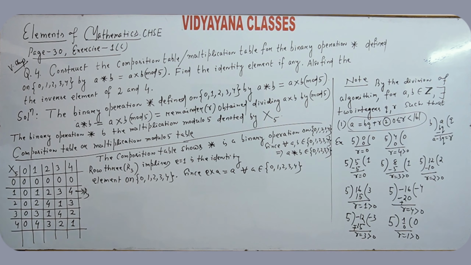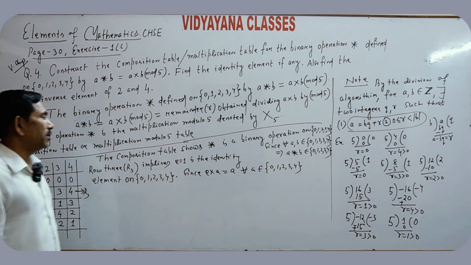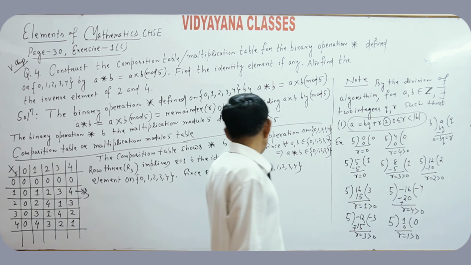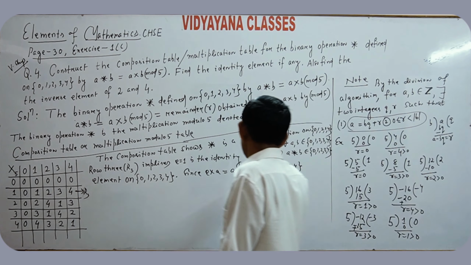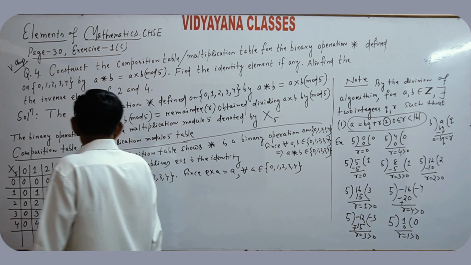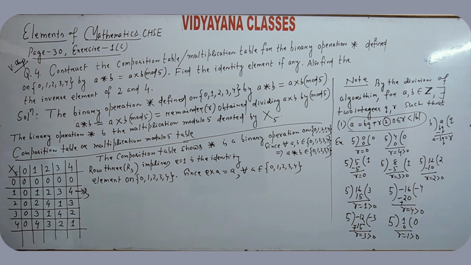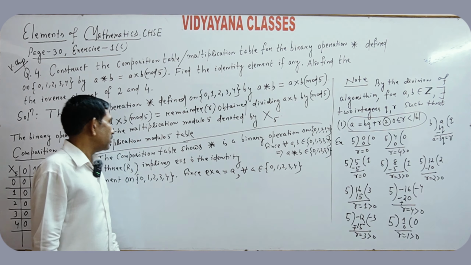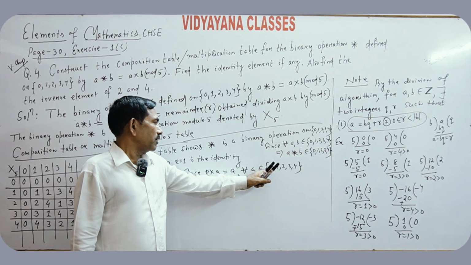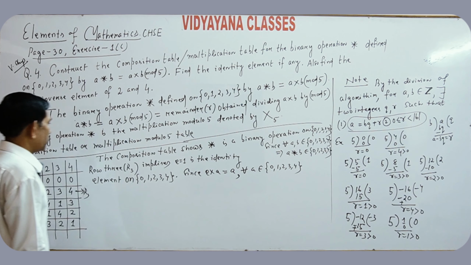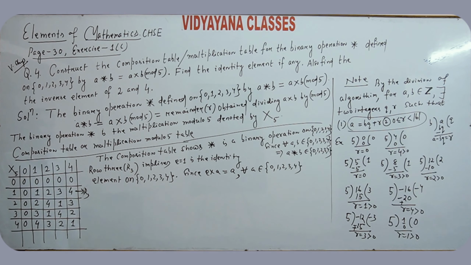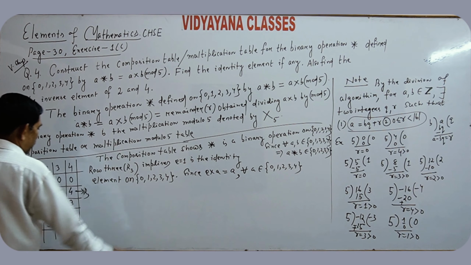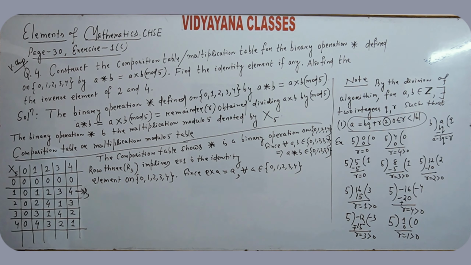Since E into A is equal to A, which is equal to A into E. Clear? It is the definition of identity element in the set containing 0, 1, 2, 3, 4. So 1 is the identity element on this set. Clear?